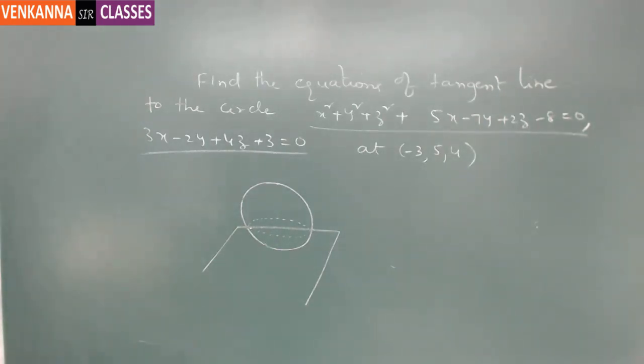Now, can you say that the given point -3, 5, 4 satisfies the sphere equation and also the plane equation? Can you check that the point -3, 5, 4 satisfies the given sphere equation? Say.